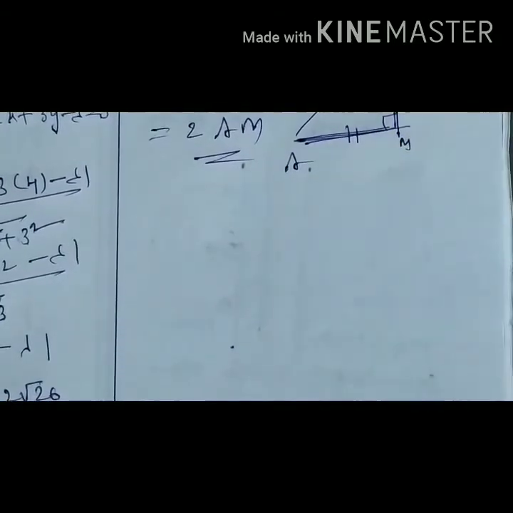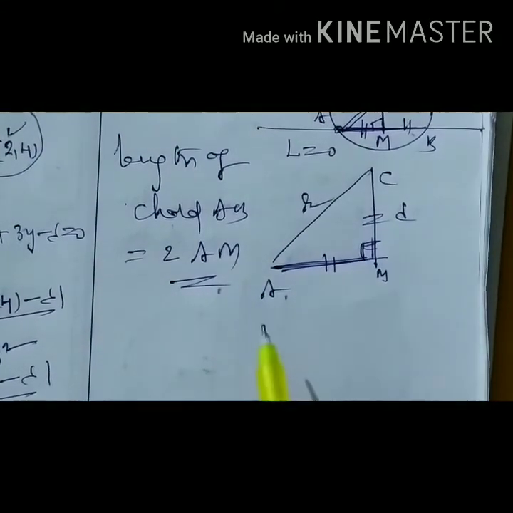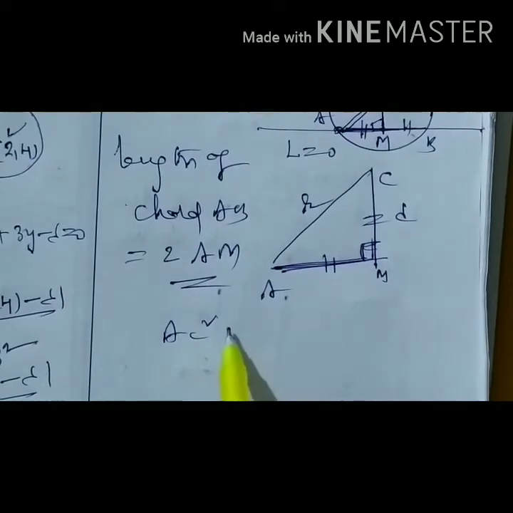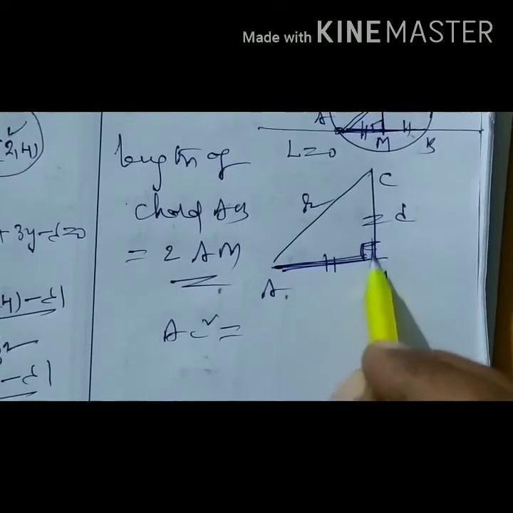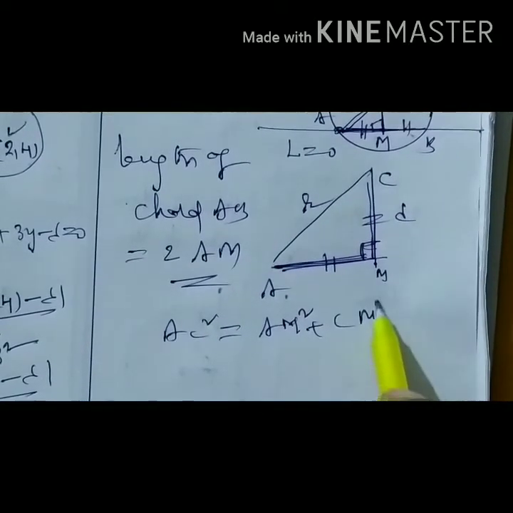From this right angle triangle, applying Pythagoras rule, we get AC square is equal to AM square plus CM square.